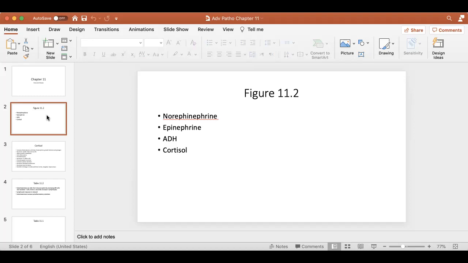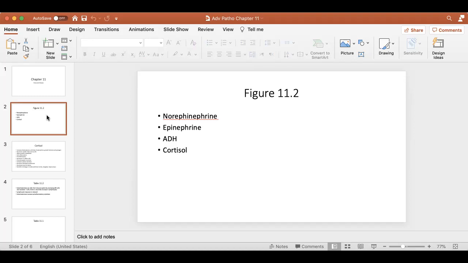Then if you get the stimulation of the hypothalamus, you stimulate the presence of the corticotropin releasing hormone, CRH, which then will stimulate the anterior pituitary to release ACTH. And then that produces a response of the cortisol from the adrenal cortex.